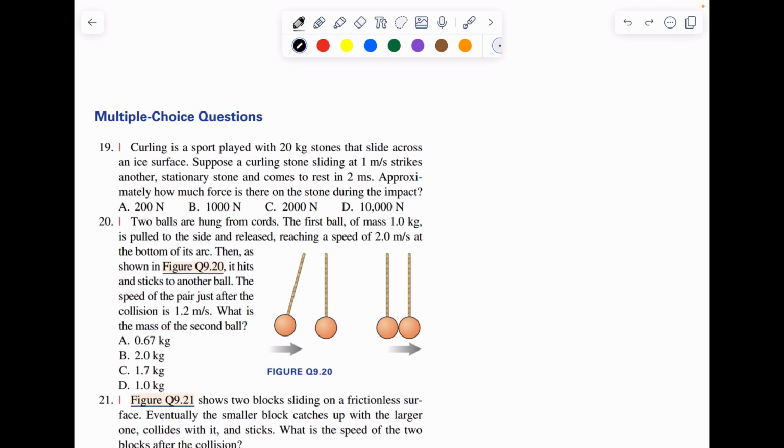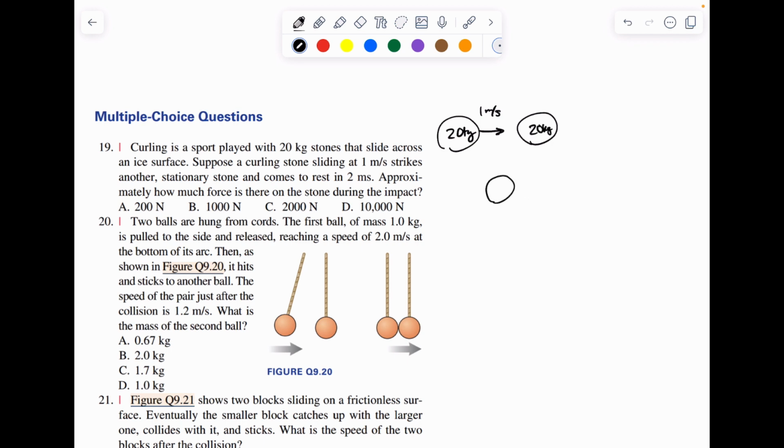Because I was thinking, well, wouldn't we have to use a kinematic, but then the ice doesn't have any friction, right? So how is this stone coming to rest? The idea is, here's a 20 kilogram stone going at 1 meters per second, and here's the other one.